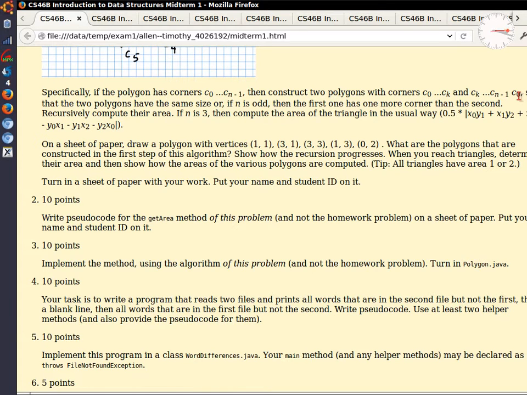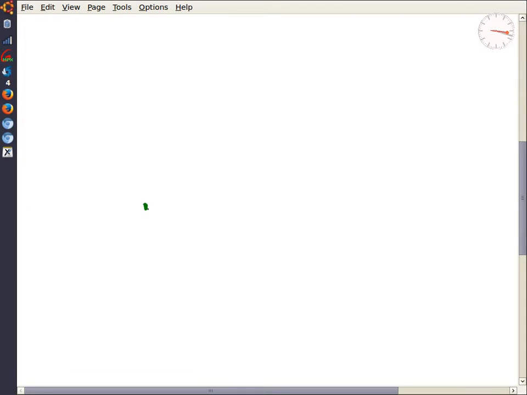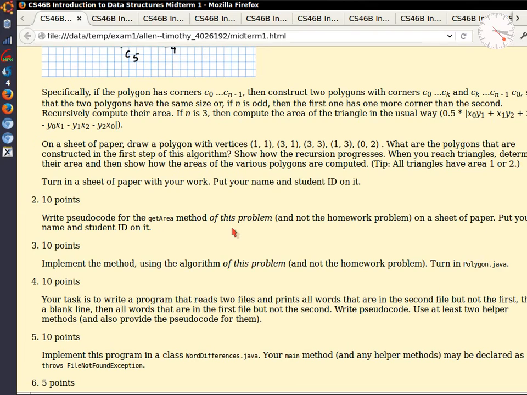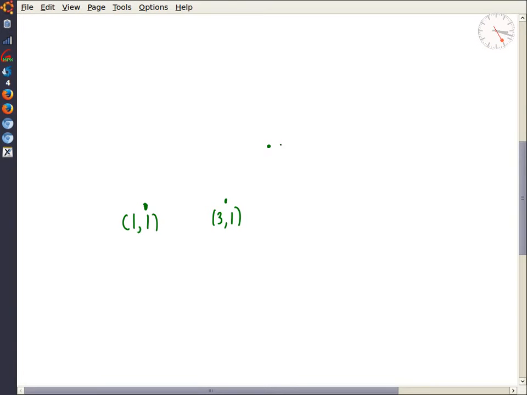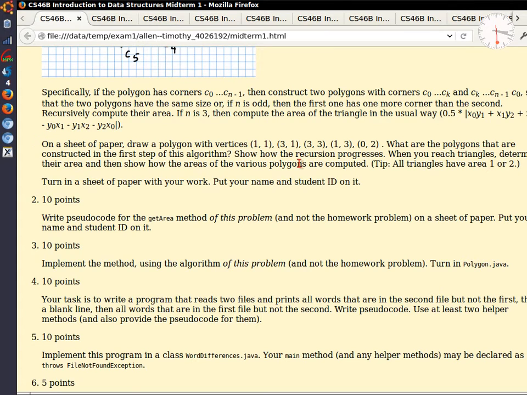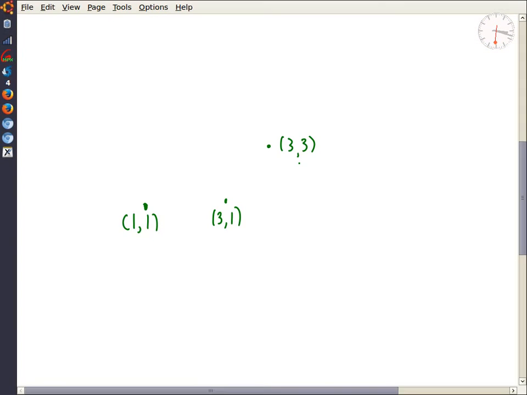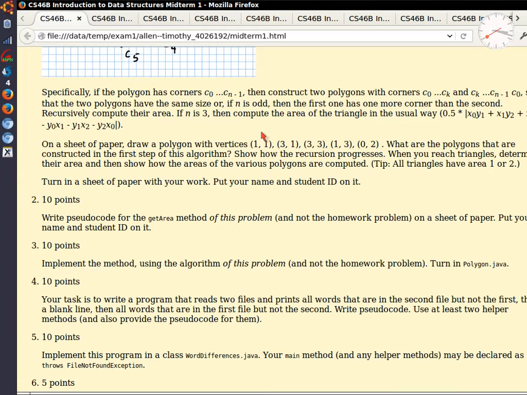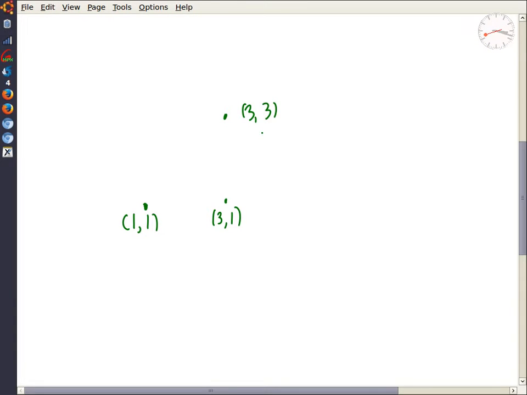So we had points (1, 1), (3, 1), and again, you might have a different selection of points. (3, 3). No, that's wrong. Yeah, it helps to draw coordinates. (3, 3), (1, 3).